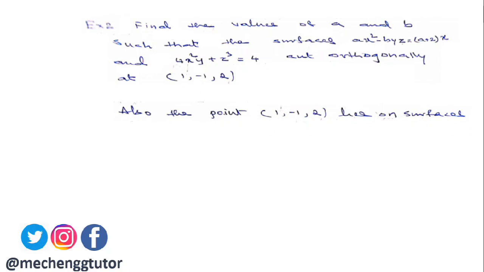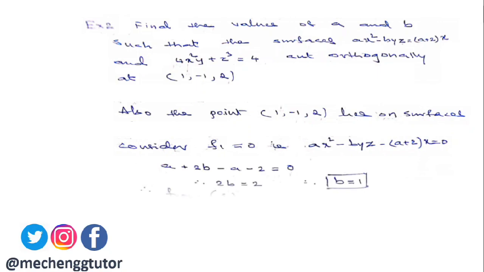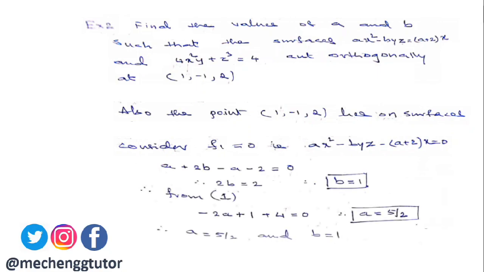Also, the point (1, -1, 0) lies on the two surfaces. So I will consider that it lies on f1. Both are correct, but let us consider that the point (1, -1, 2) is on f1.